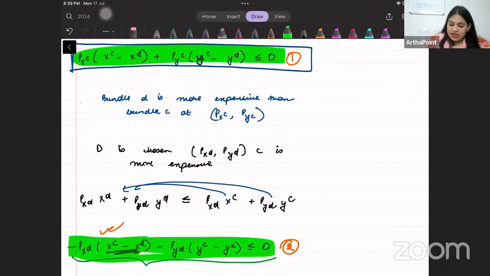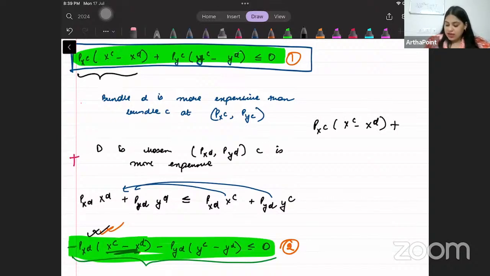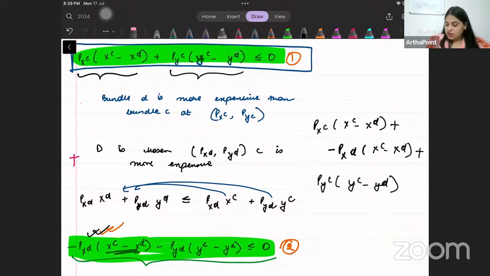So if you add these two together, what will you get? You will get PXC, XC minus XD, plus this part will come, minus PXD, XC minus XD, plus this part will come, PYC, YC minus YD, then this part will come, so minus PYD, YC minus YD less than or equal to 0.